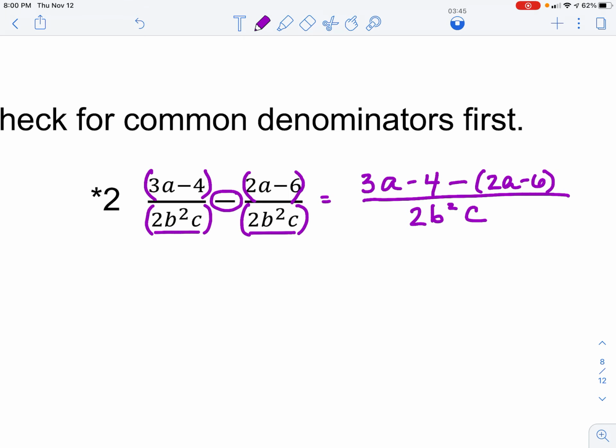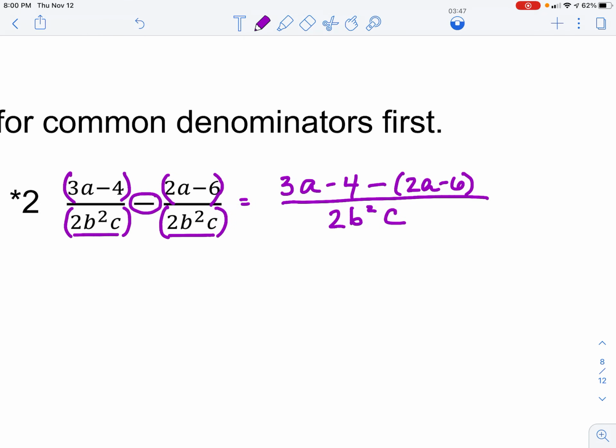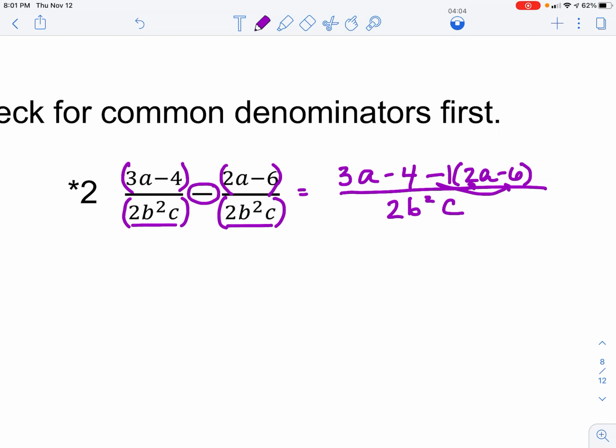So what does happen? Remember I said this looks like I have to distribute, doesn't it? So in order to get these parentheses dropped off, I have to take this something here and distribute it. Well, what am I going to distribute? Well, actually, if you think about it, we said to put an invisible 1 in there. That gives you a number. What you're really distributing is that negative sign, but it's a negative 1.